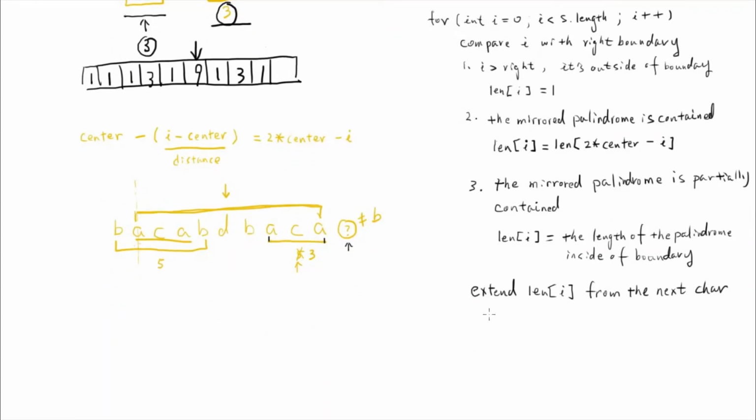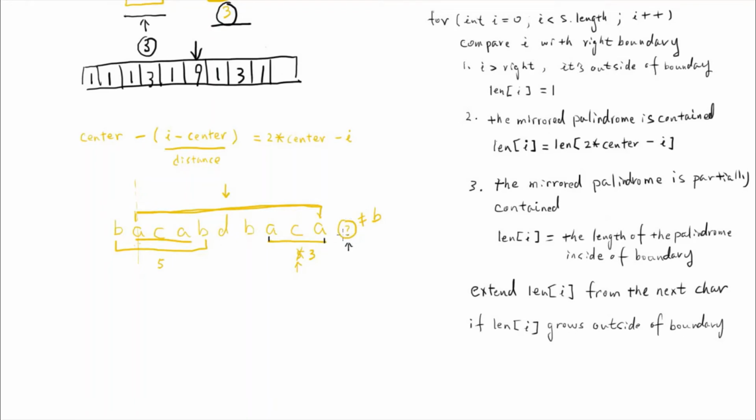After the extension, we will check if the length of the new palindrome grows outside the boundary. If we can extend from C to outside of the boundary, in this example, it doesn't go anywhere.